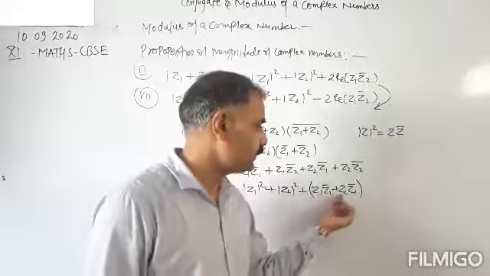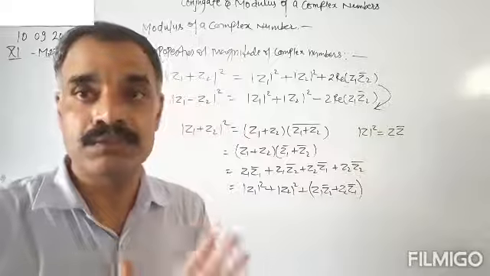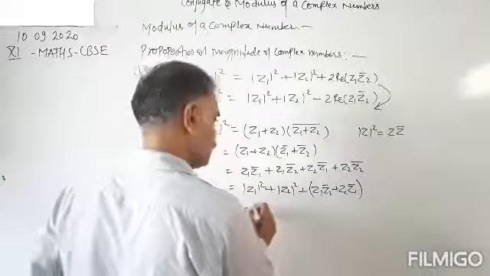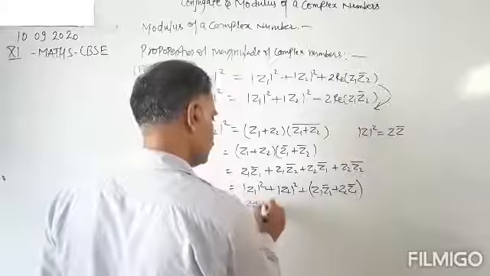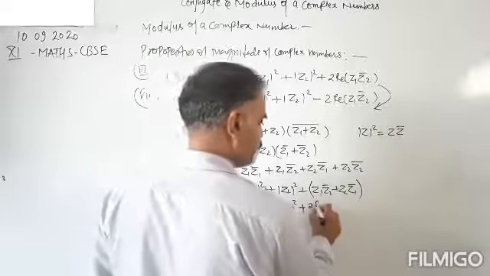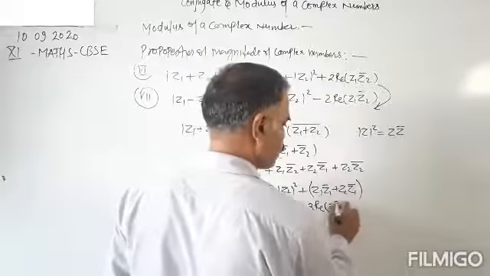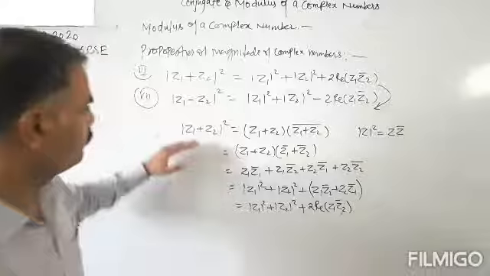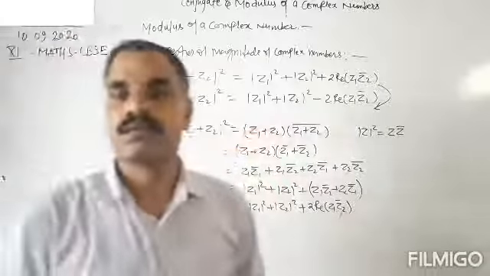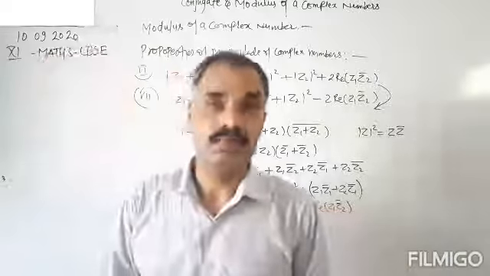This sum equals 2 real part of z1 z2 conjugate. So this equals modulus z1 square plus modulus z2 square plus 2 real part of z1 z2 conjugate. So this is equal to this. Similarly, the result number 7 can also be proved.